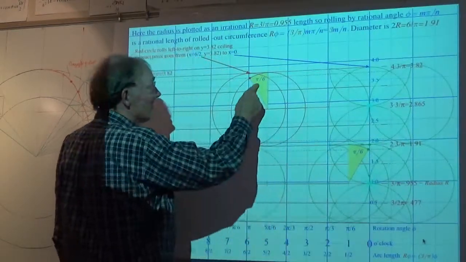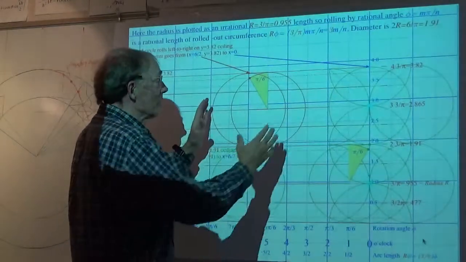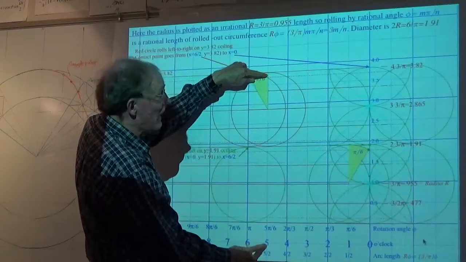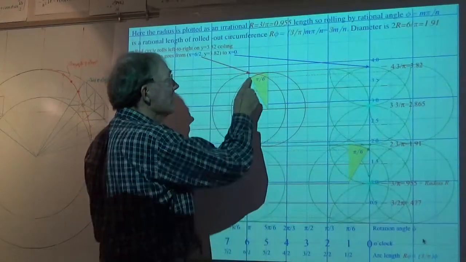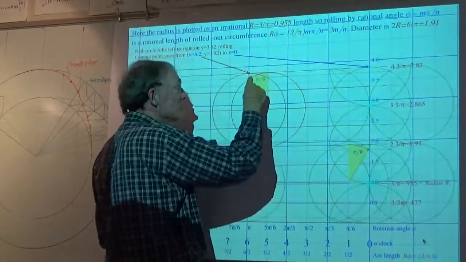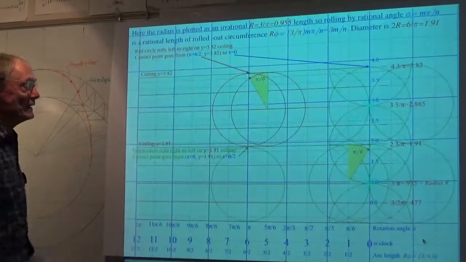Here's pi over 6, okay? And I get that very easily by just moving the circle over to the next division here, the 5, and then looking where it intersects with the pi over 6. So I can immediately draw a pi over 6 sector of this pi, okay?